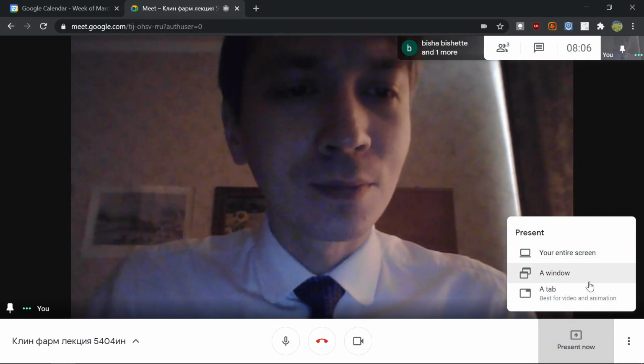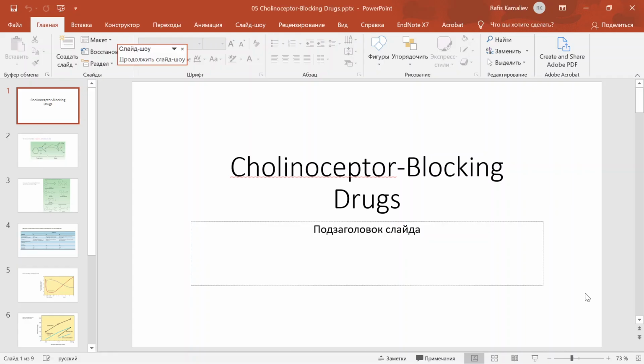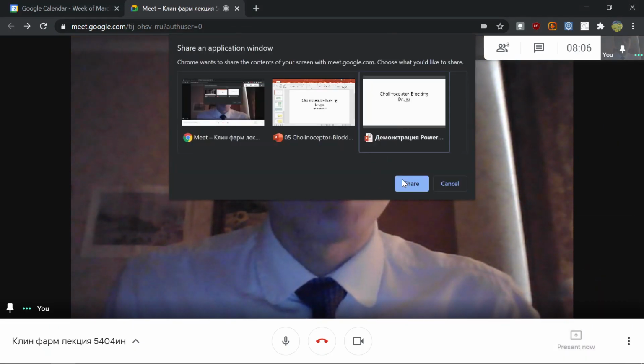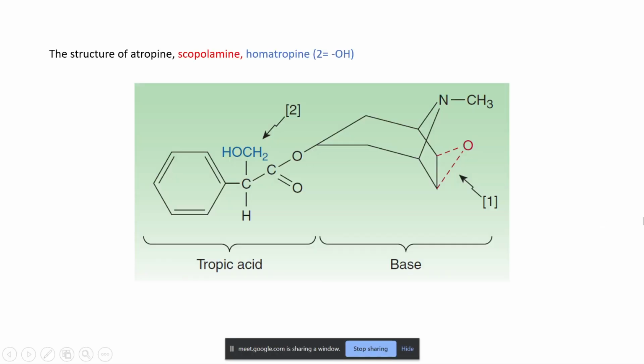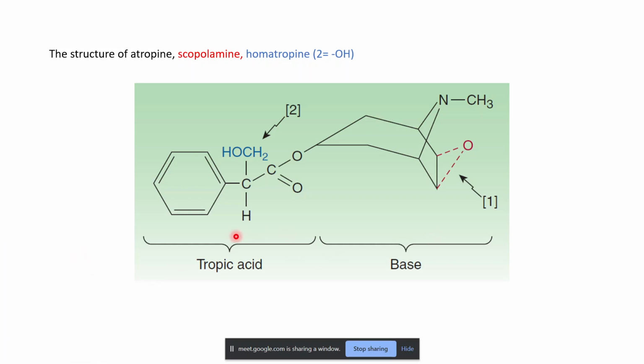The chemical structure of atropine: it's an amine alkaloid, and chemically atropine is an ester of tropic acid.